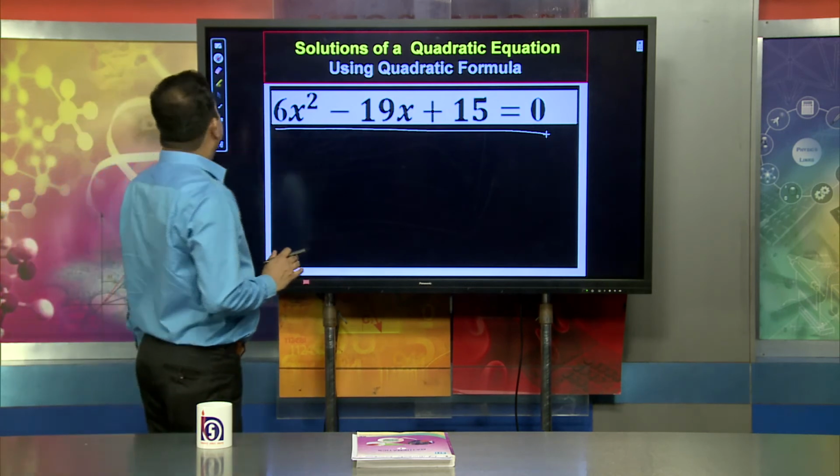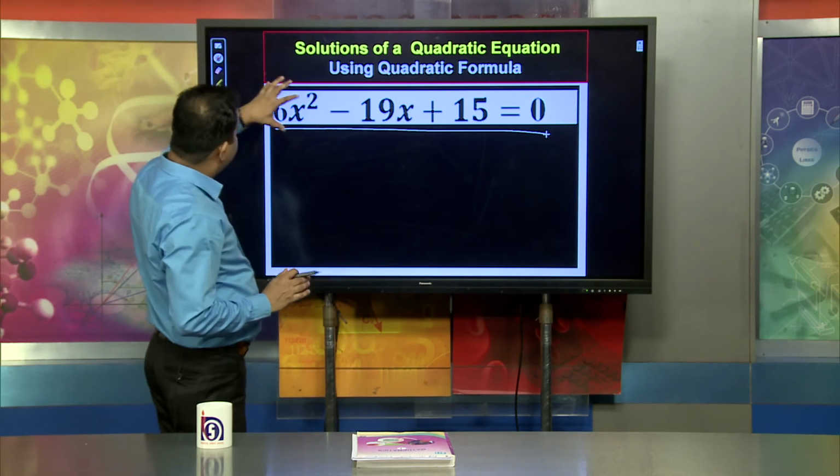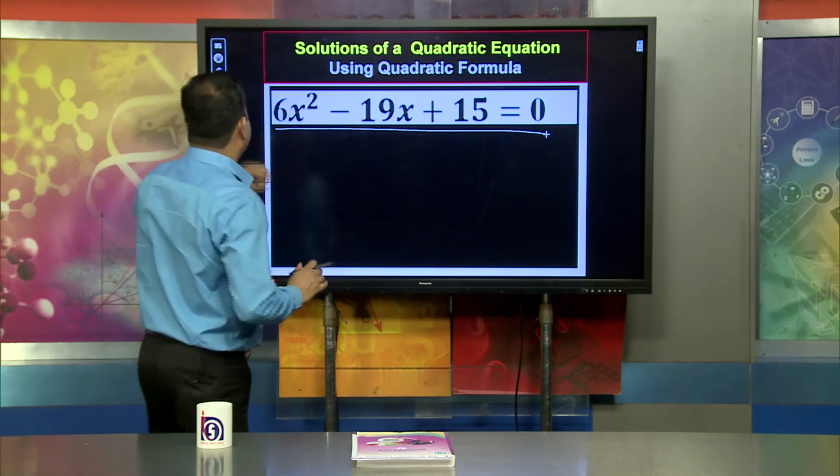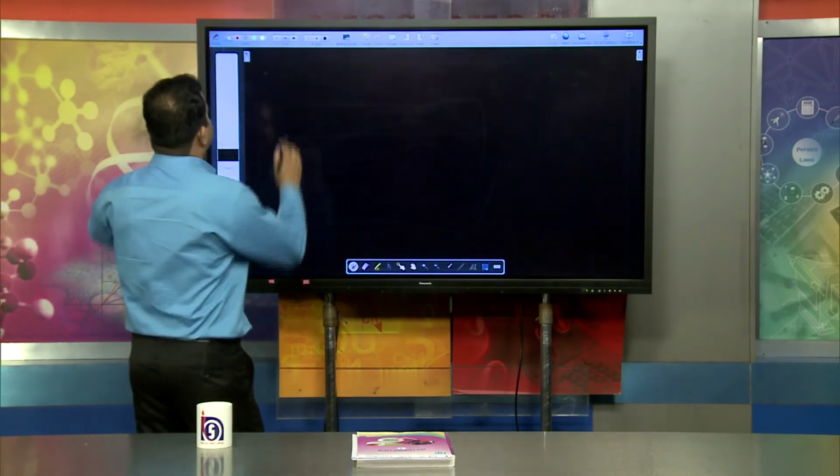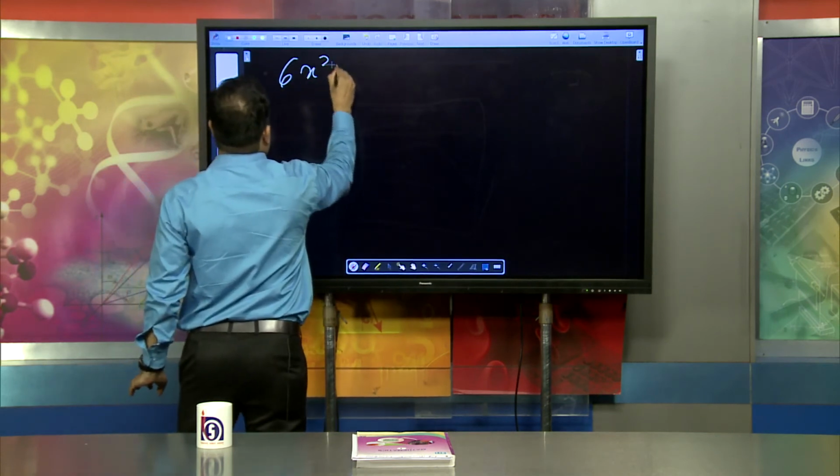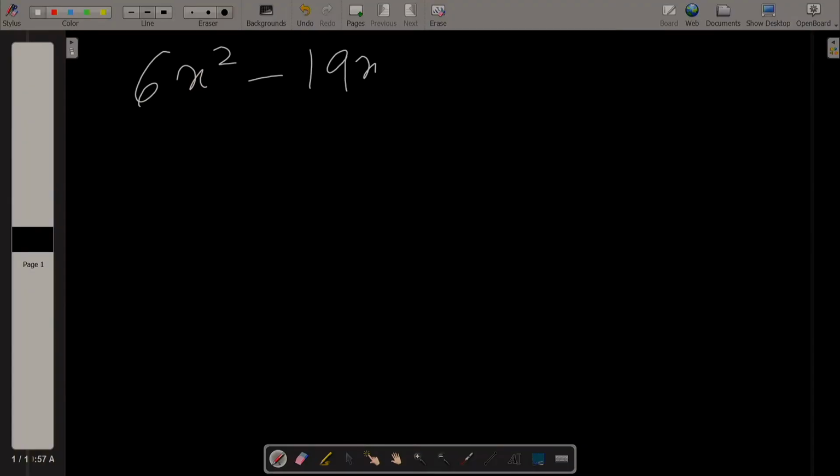When talking about that question, 6x² − 19x + 15, I can simply write 6x² − 19x + 15 = 0. We have to solve it through the quadratic formula.